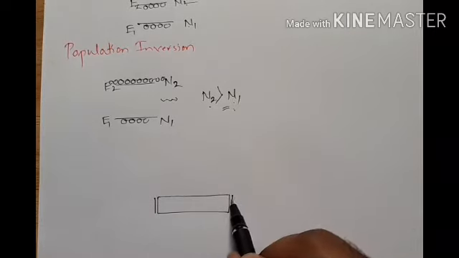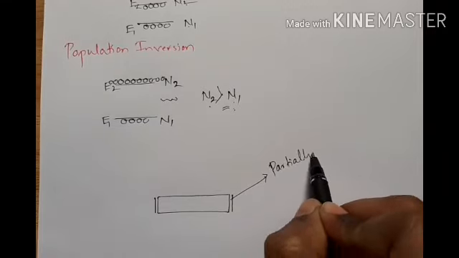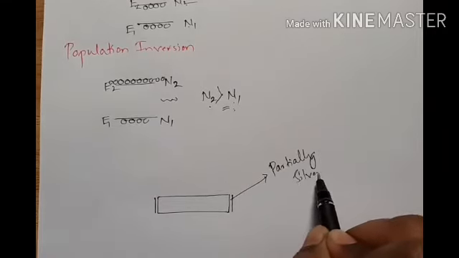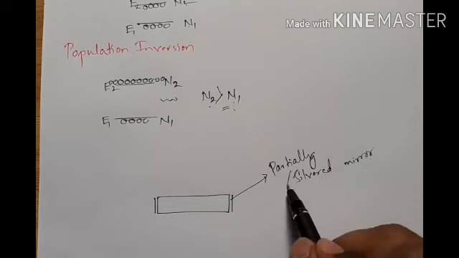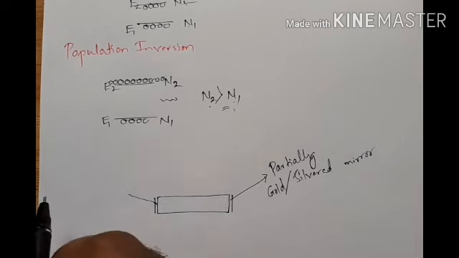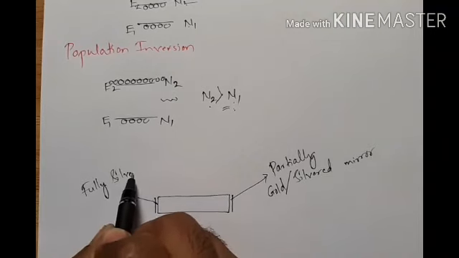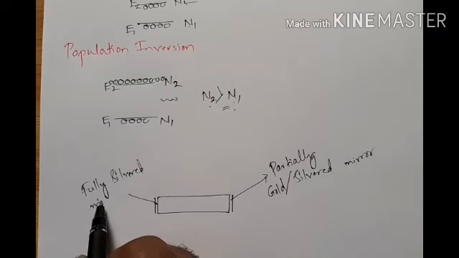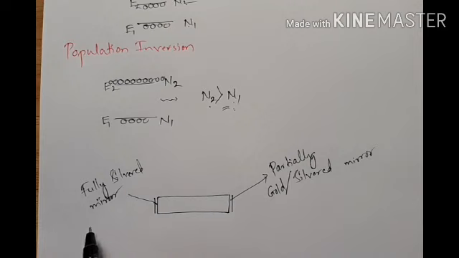This mirror is partially polished, partially silvered mirror, or we can even use a gold mirror, partially gold or silver. And this is a fully polished, fully silvered or fully gold mirror.